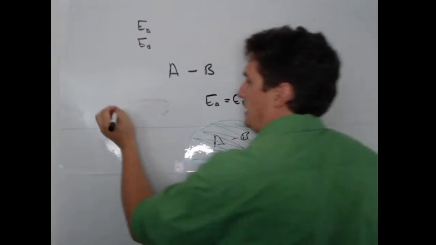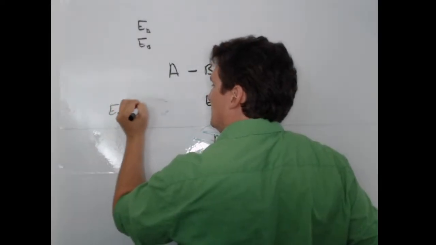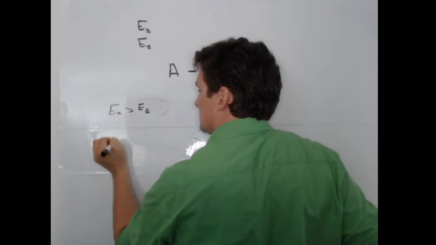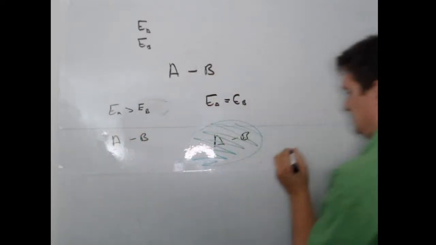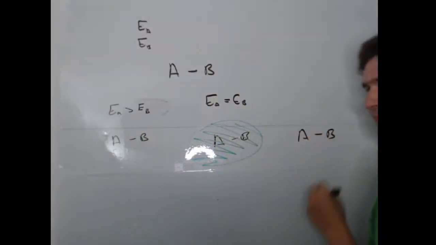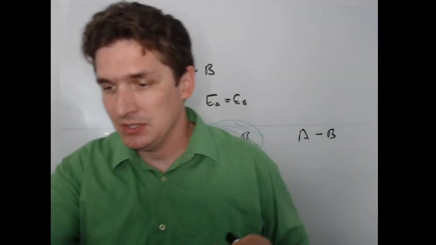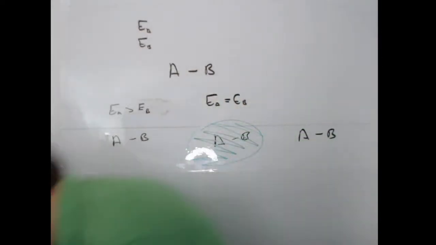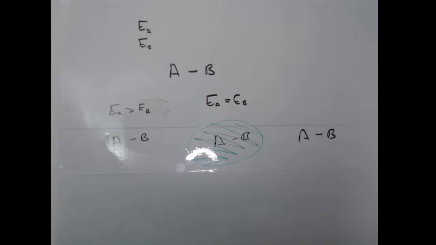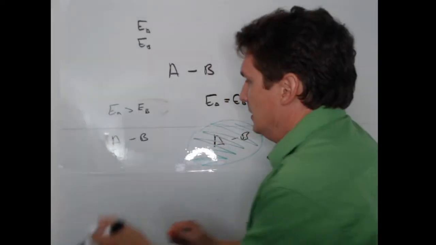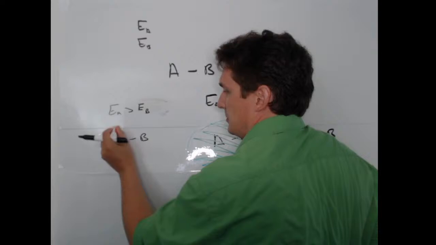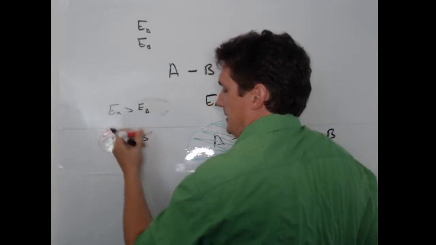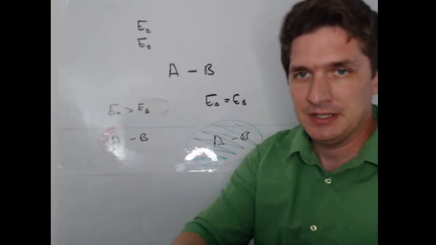Now, if A is more electronegative than B, it means it's going to grab more electron density. We'll see this as sort of a red coloring on A, and then green is kind of an intermediate electron density.